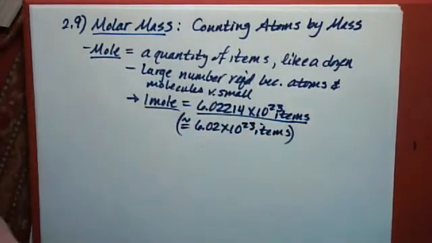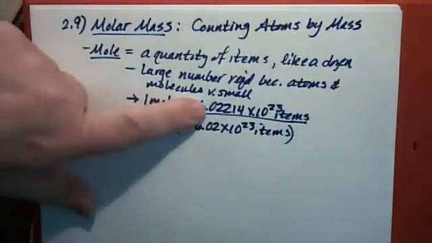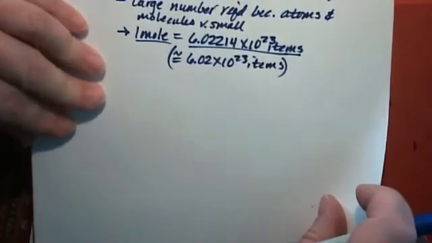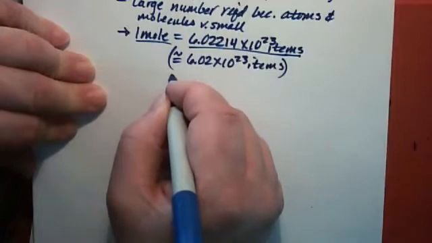For most purposes, 6.02 times 10 to the 23rd will suffice as being accurate enough. And so that's the number that we'll actually use most of the time. But if you want to be more accurate, you can always use that number. As I said, this is also known as Avogadro's number.